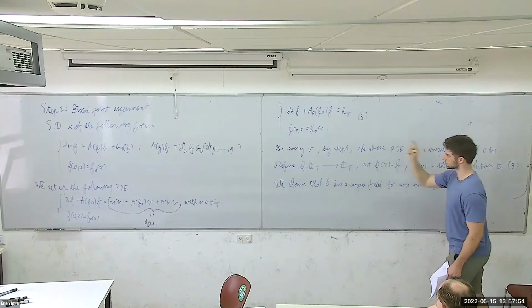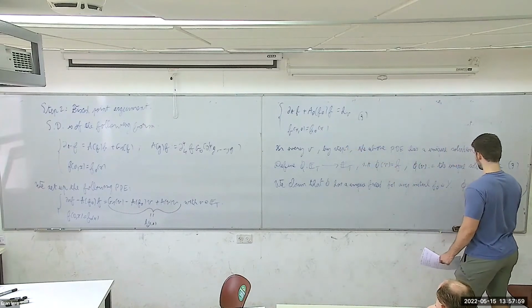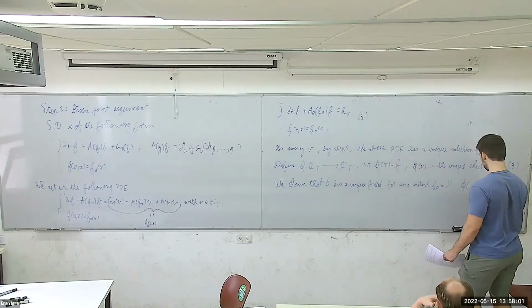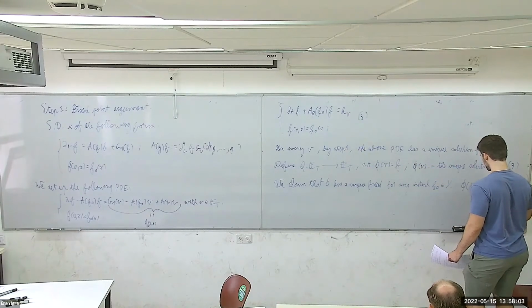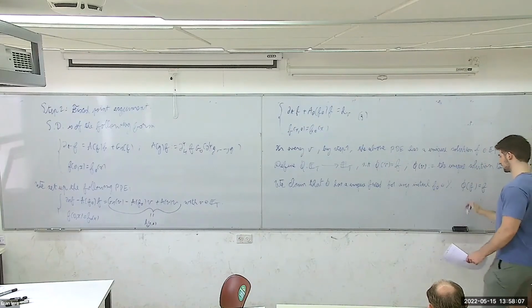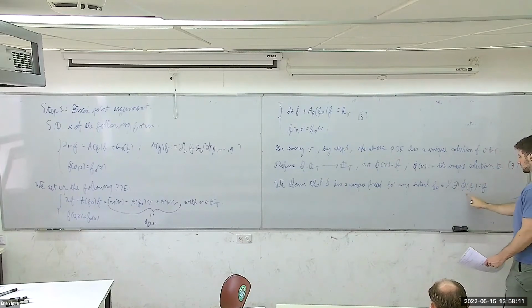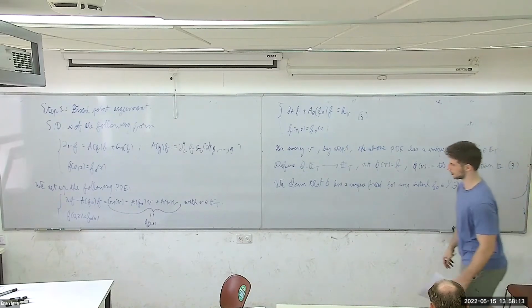So given initial F0, phi has a unique fixed point: there is a unique F so that phi of F is equal to F. The exclamation point can mean unique. That's what we want to show.